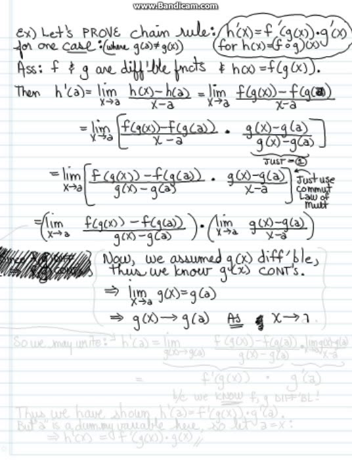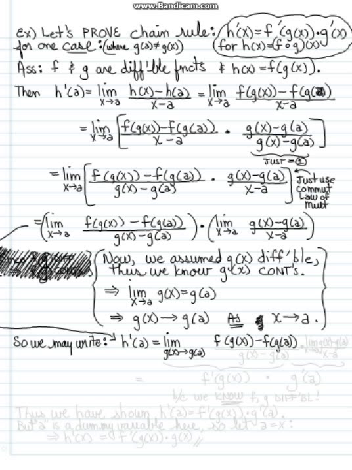Now that's important because I want to change the notation of my limit. So we're going to rewrite the line up there. We're going to rewrite it as h prime of a is equal to the limit as g of x approaches g of a, because we just argued in the brackets that that happens as x approaches a, of f of g of x minus f of g of a over g of x minus g of a.